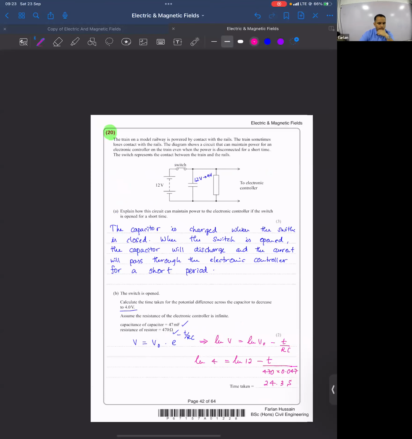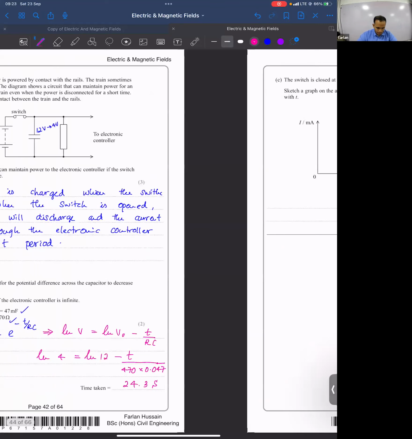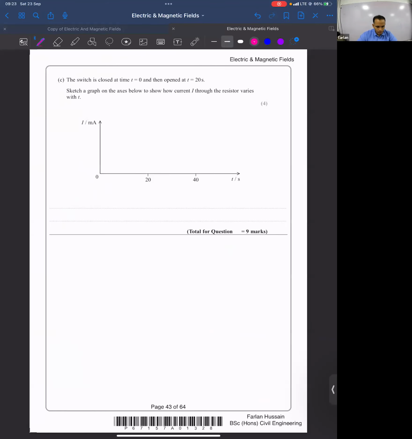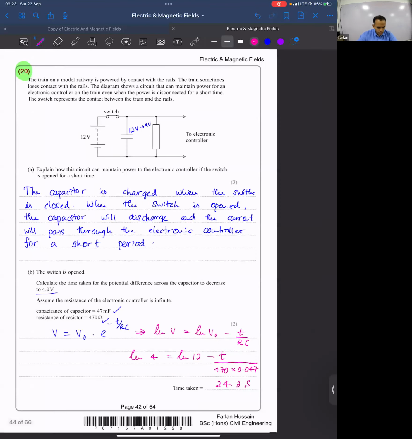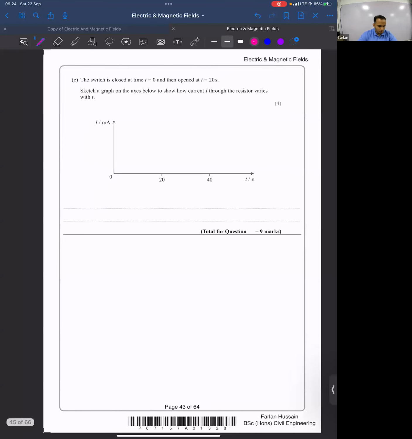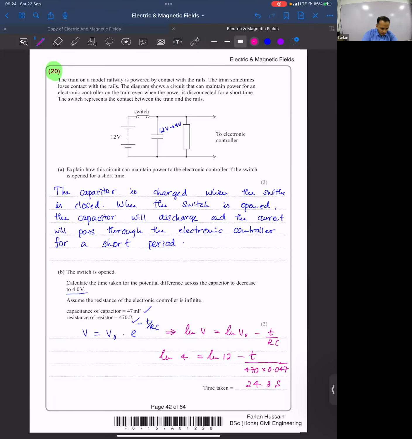Right. There's another part. The switch is closed at time t equals 0 and then opened at t equals 20 seconds. Sketch a graph on the axis below to show how the current I through the resistor varies with time. From 0 to 20, the switch is closed, so the current through the resistor is connected to the battery at a constant voltage.